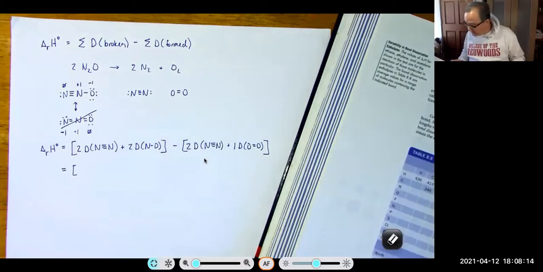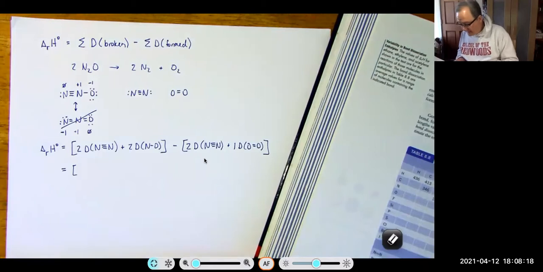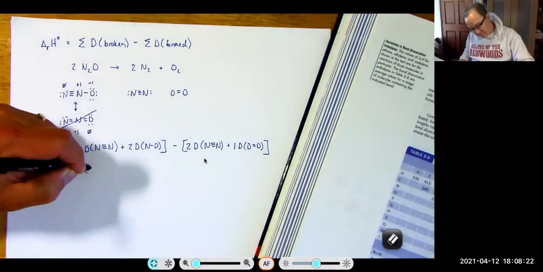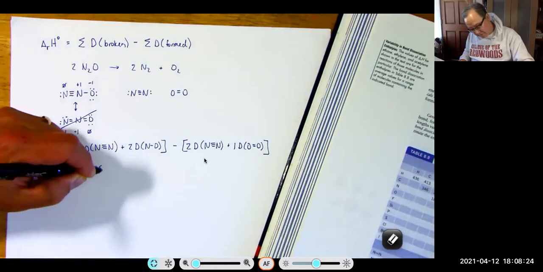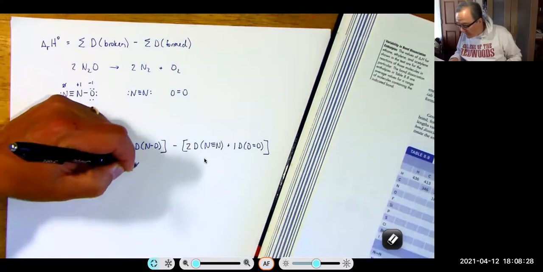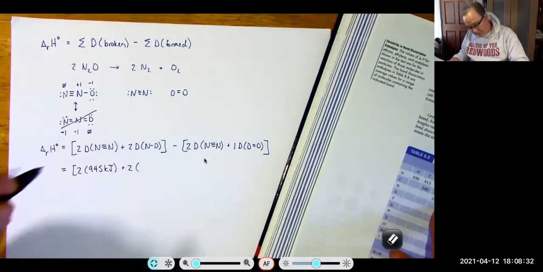You're right. So the nitrogen-nitrogen triple bond is 945. The nitrogen-oxygen single bond is 201.